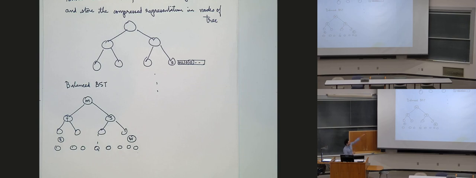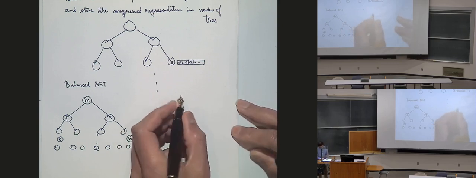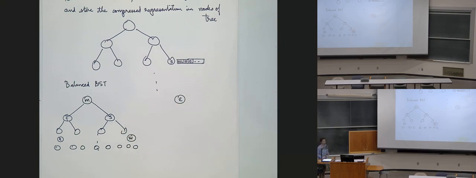Because if you're looking up the bit string for M, you'll immediately get it with one operation. With E, you have to go all the way down. Does this make sense? Because E is more frequent. So what seems to be the better thing to do is to actually put E near the top. But now what's the problem?